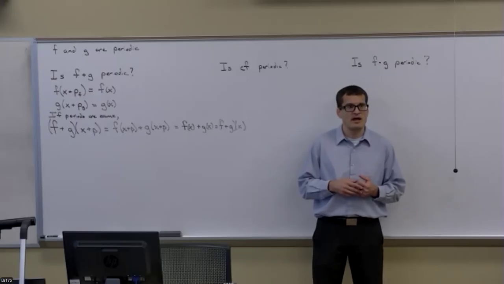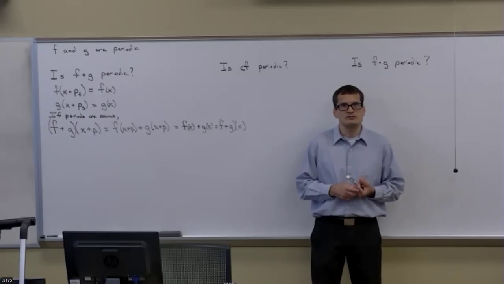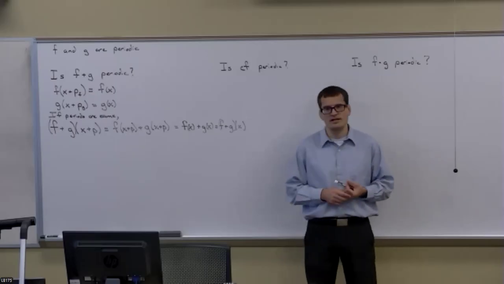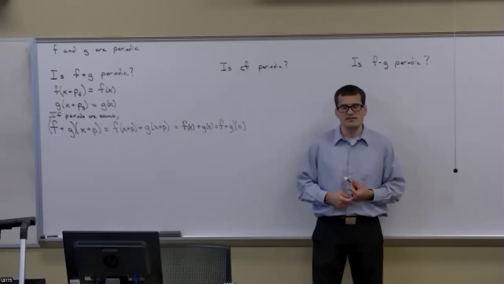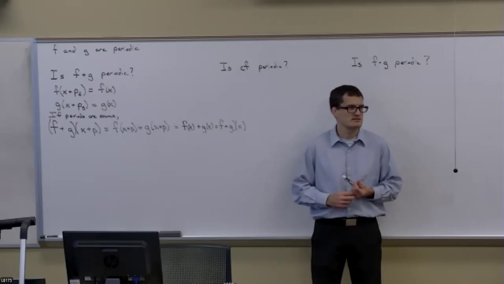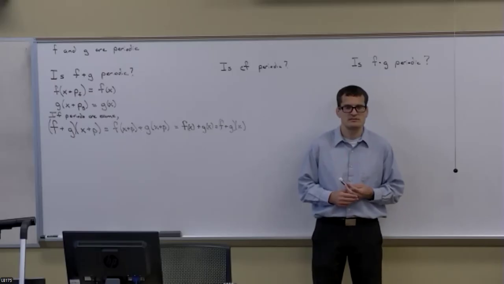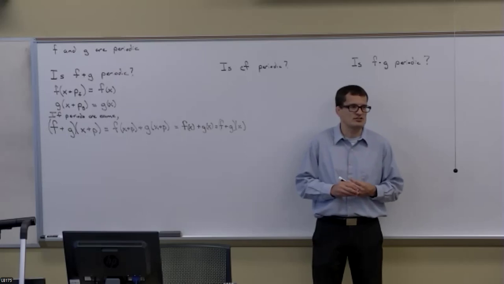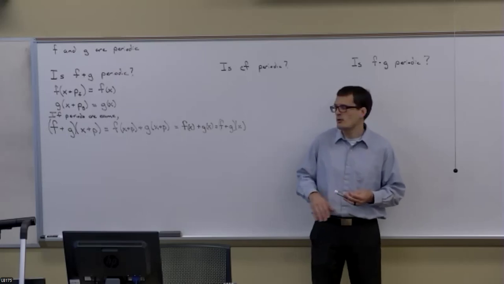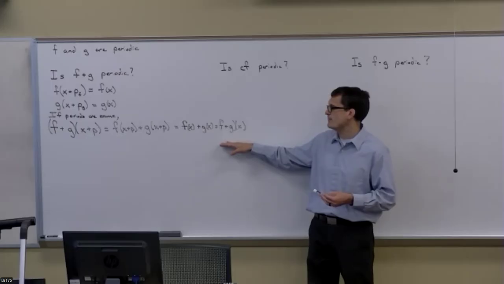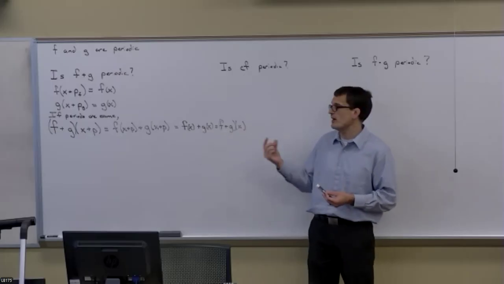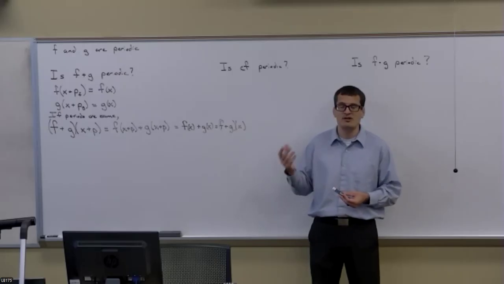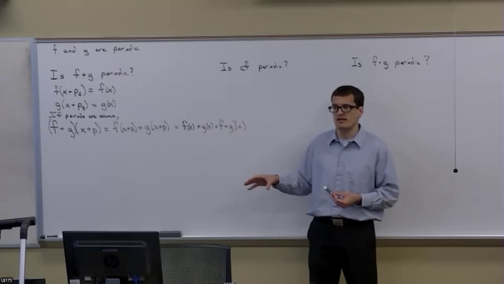It gets a little bit trickier if one period is 4.8 and the other is pi. If one number is irrational, then it gets a little bit trickier. But if both periods are the same, then definitely the sum of the two functions is periodic. If they're not the same, then it gets a lot more complicated.